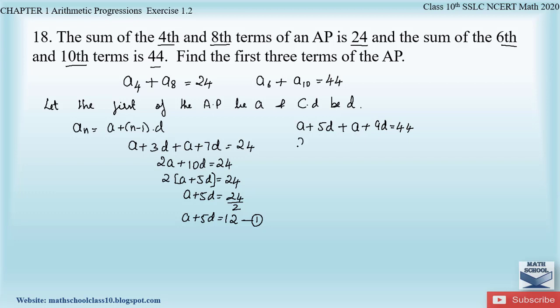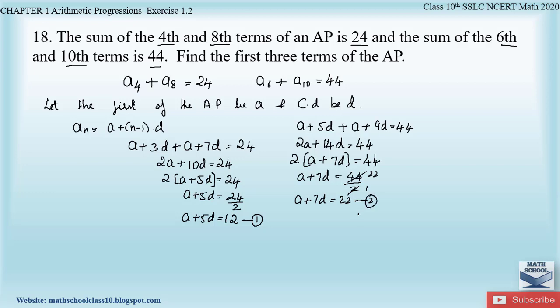So a plus a will be again 2a, and 5 plus 9 is 14d, equal to 44, or if we take the 2 common out, we get a plus 7d is equal to 44 divided by 2, or a plus 7d is equal to 22. So this is the equation 2.